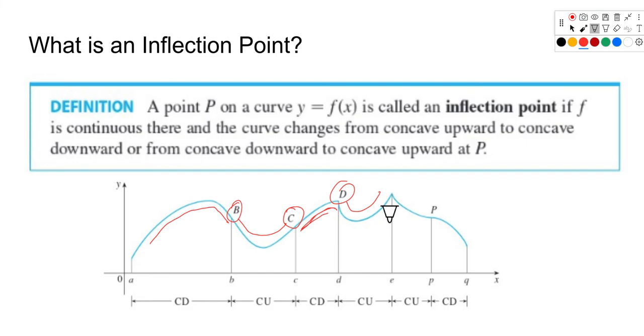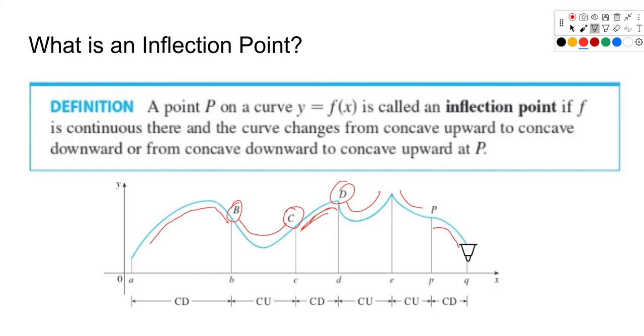We can't take a derivative there, so we don't count that one, even though it goes from concave up to concave down. Since it's not differentiable, we don't count that sharp point as an inflection point. But P is a smooth one, concave up to concave down.